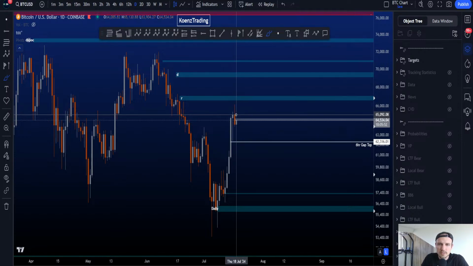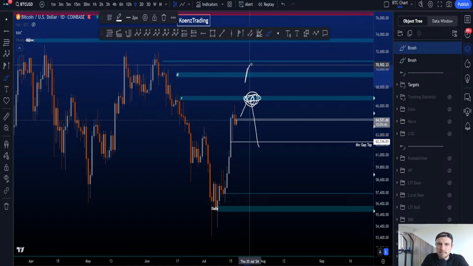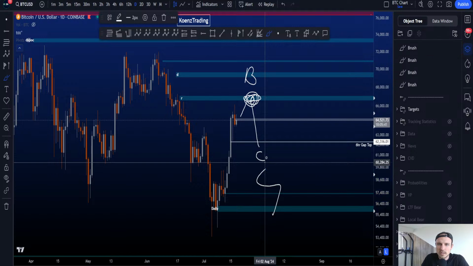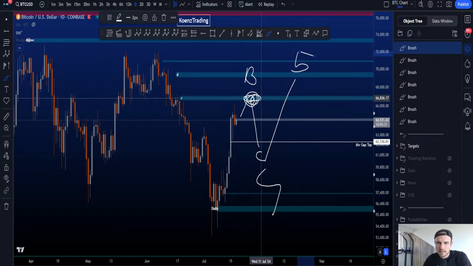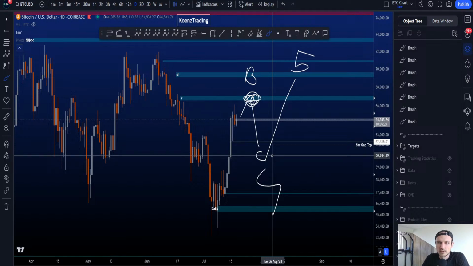Maybe the day itself doesn't do too much, but the next day hit the point of control and get a sharp move down. B, C in a bigger 4, and then move up in 5. Psychologically, with the news, people buy, get wrecked. Very nice. People get scared. Oh shit, we go down, everything goes down. Then move up in 5.